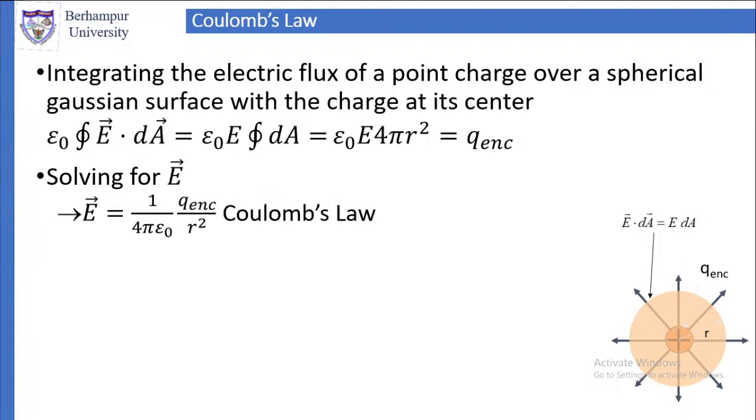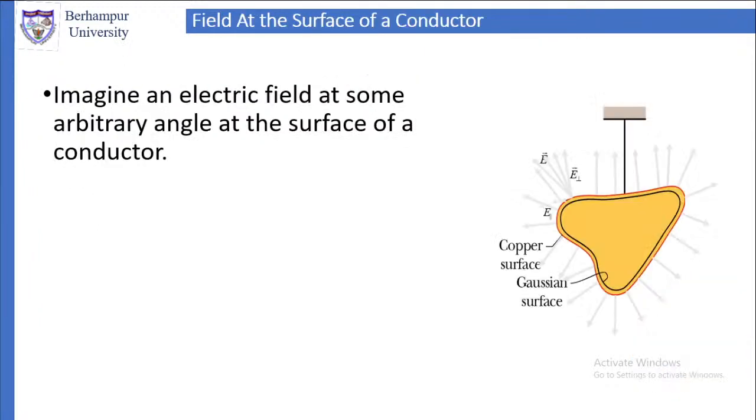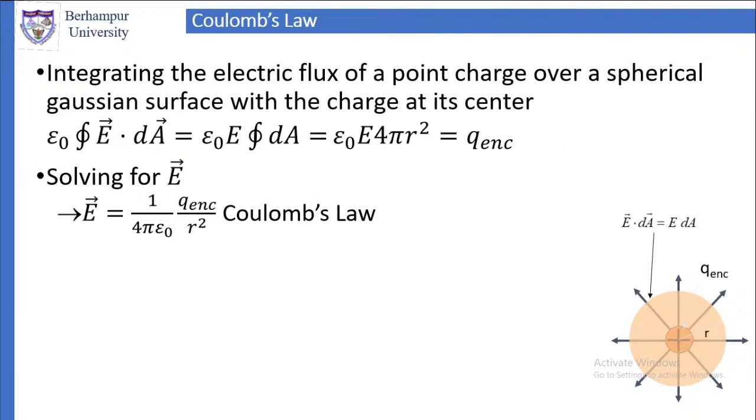Now solve for E. E will be equal to Q enclosed by epsilon 0 4 pi r square, that we can write as 1 by 4 pi epsilon 0 into Q enclosed, total charge enclosed, by r square. This is what is known as Coulomb's law that you have already seen earlier. So that is Coulomb's law.